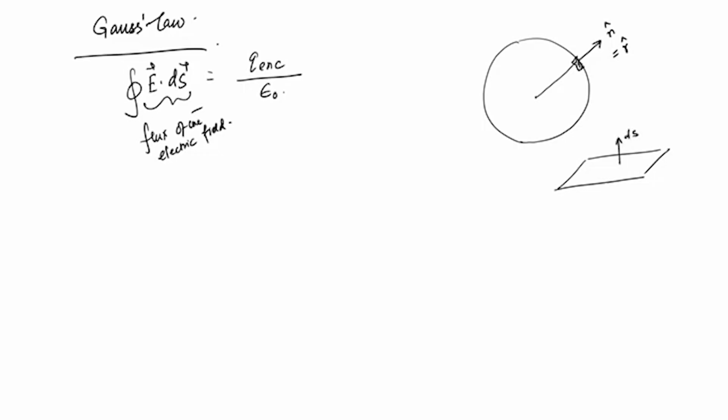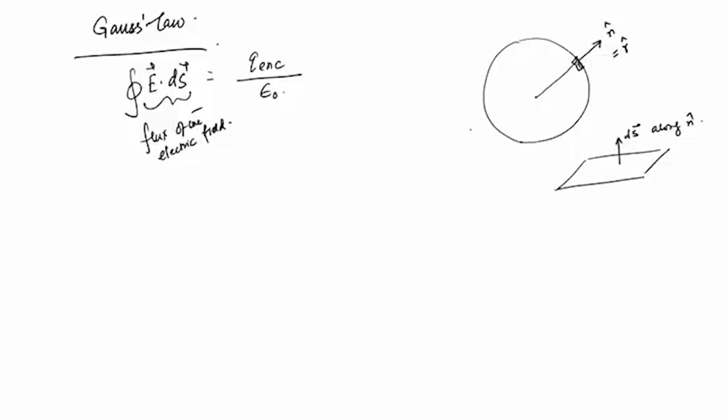So ds is the vector along the n cap direction, the unit drawn normal, and E is also a vector which has a direction.